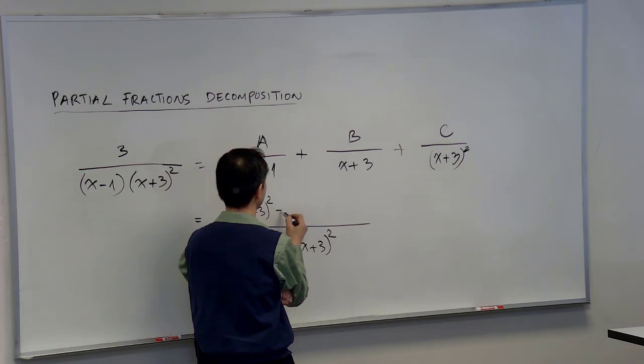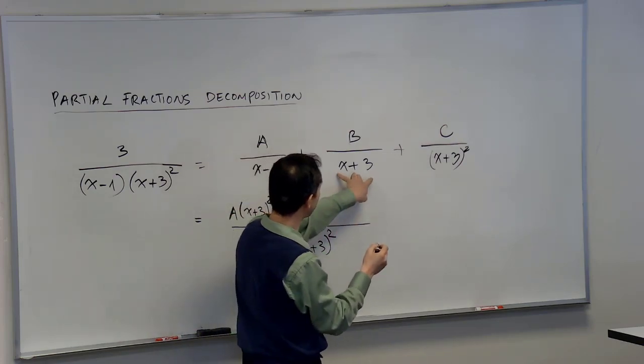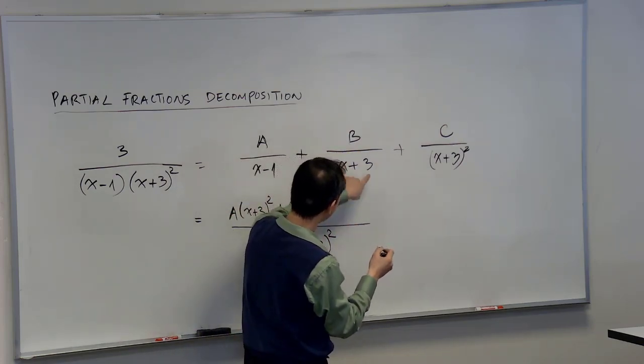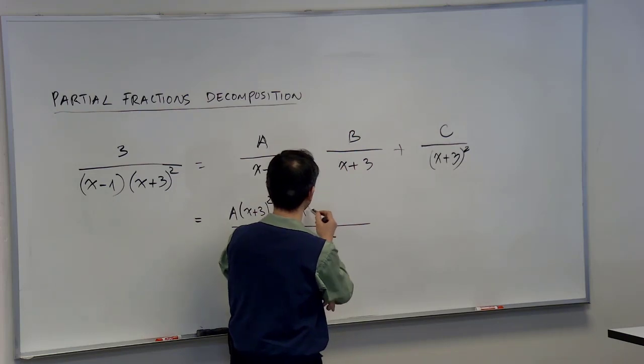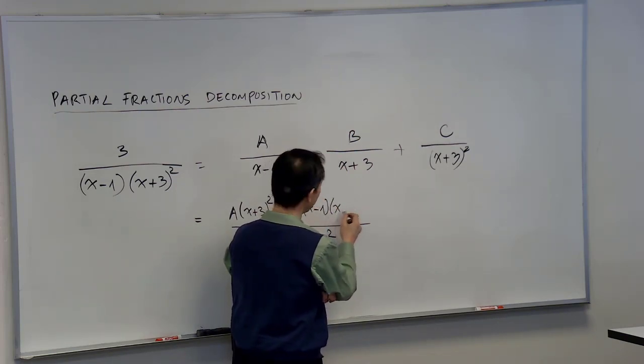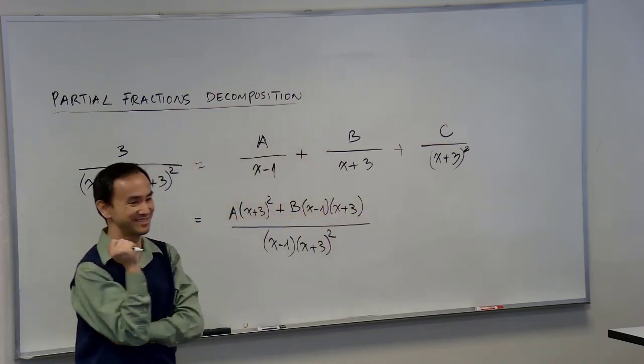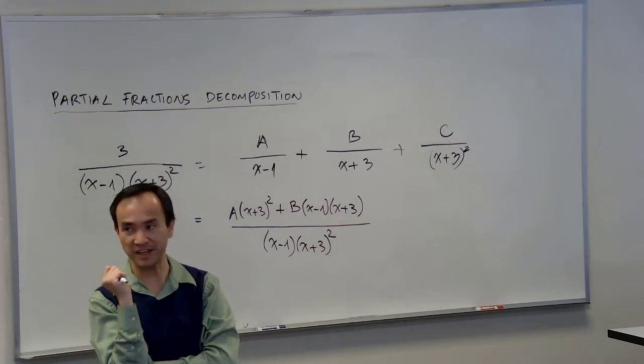Then plus the B factor, which needs to multiply with something. B was over x plus 3, so we need to multiply with x minus 1 and with an additional x plus 3. That's algebraically how we keep track of that.